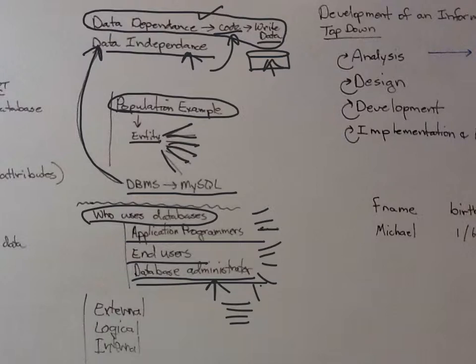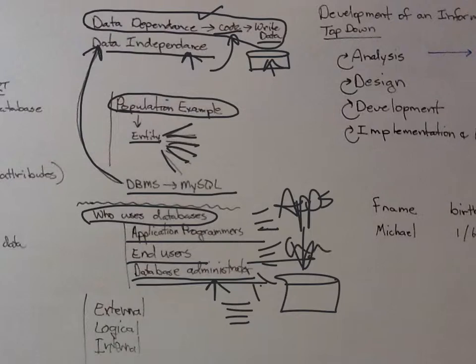We have programmers that design apps that may have to use the data, and the administrator in between makes sure that all works and that this is secured and the integrity is good and so forth. The people coming in from the outside tend to be external, how we design the logic, and then the database system actually writes the data to the physical drive.